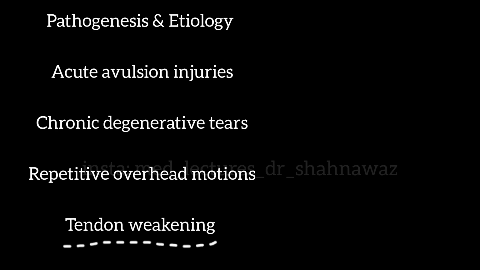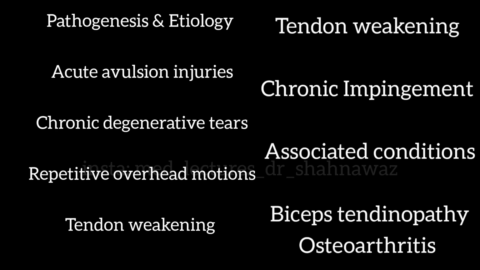Tendon weakening due to degenerative changes may also cause tears, and chronic impingement of the shoulder head also causes tears in some cases. The associated conditions are biceps tendinopathy and osteoarthritis in rotator cuff injuries.